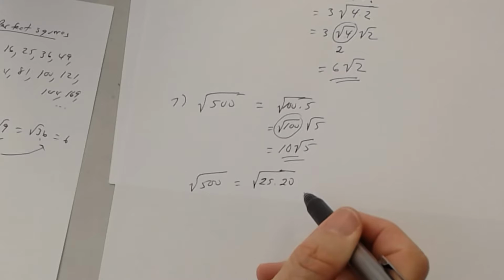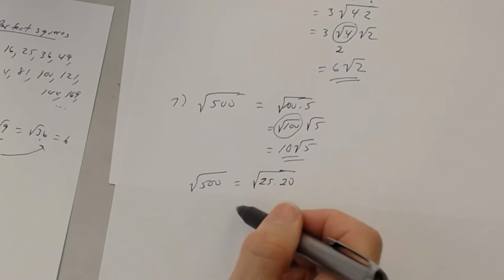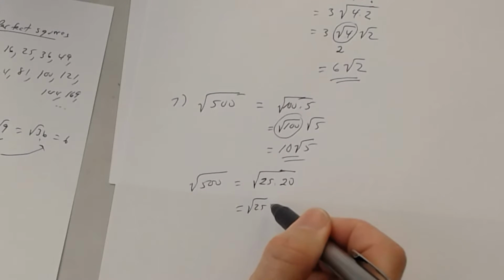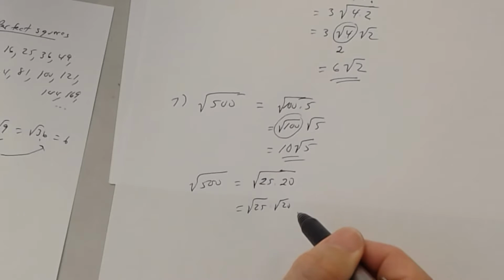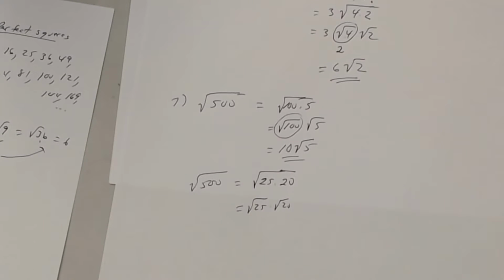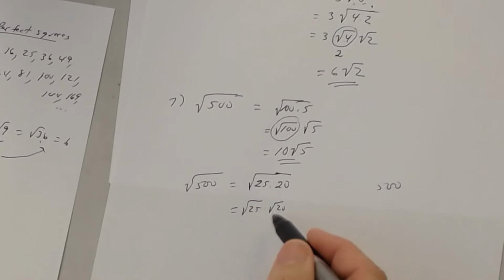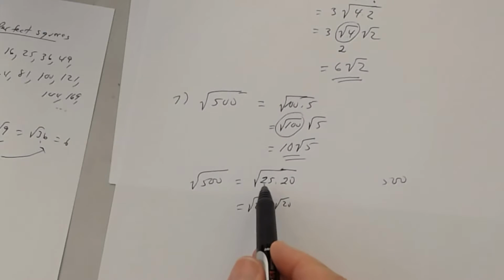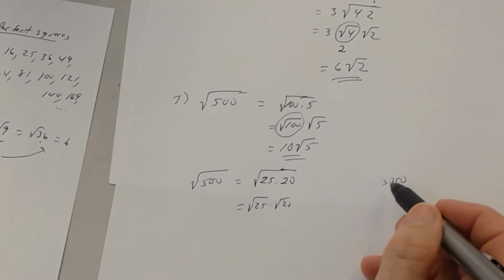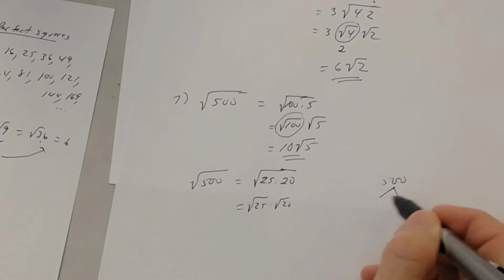You agree? Okay. And then split it apart, that's the square root of 25 times the square root of 20, right? But even before you did that, I want you to think about this. When you thought about that 500, because you can save yourself a lot of steps, even if you did say 25, in your mind you're saying, all right, 500 is going to be 25 times 20.